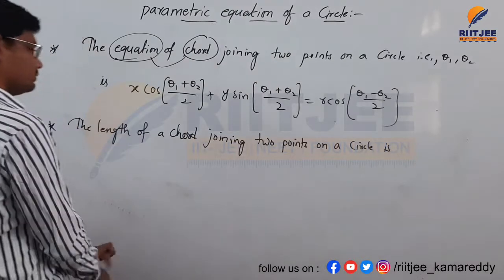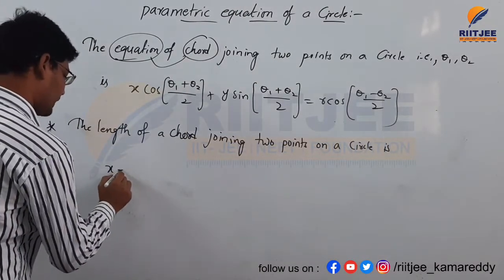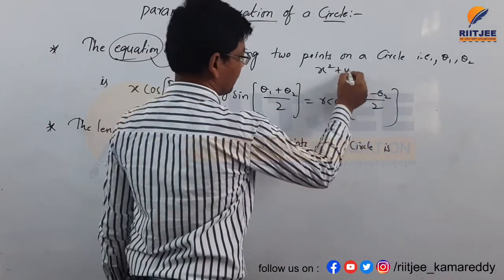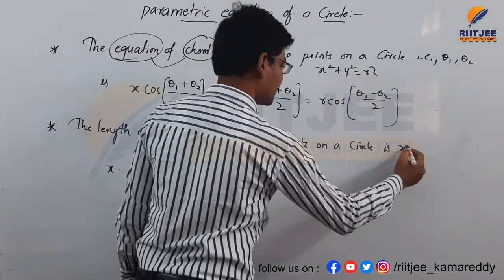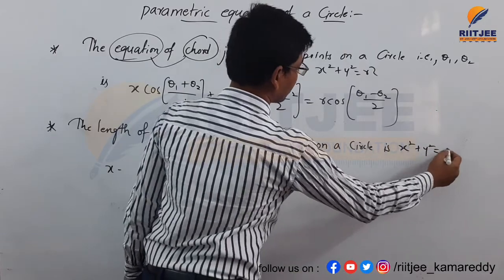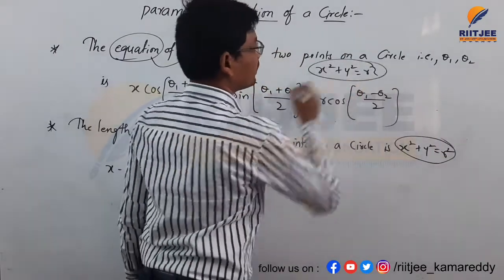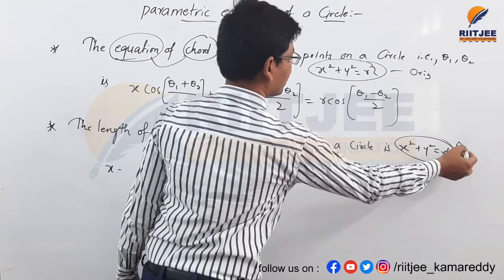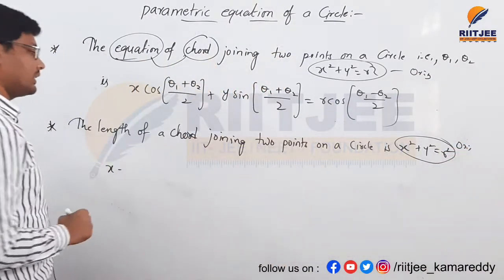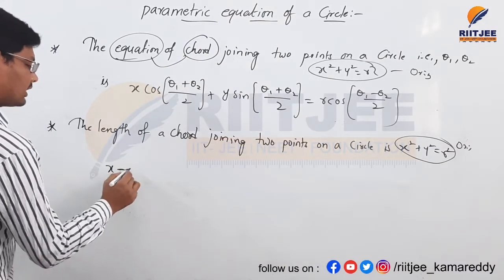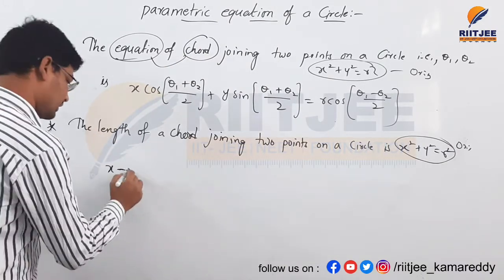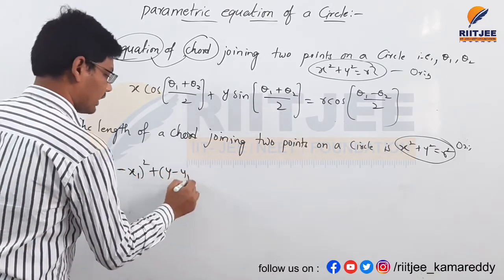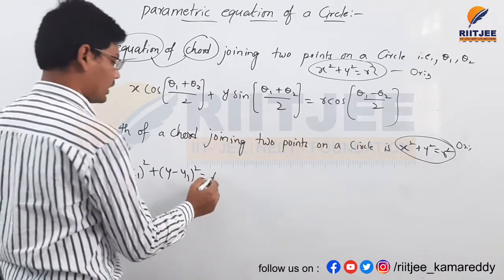Here the circle form is x square plus y square is equal to r square, with the center at the origin. In this case the equation is x minus x1 whole square plus y minus y1 whole square is equal to r square.